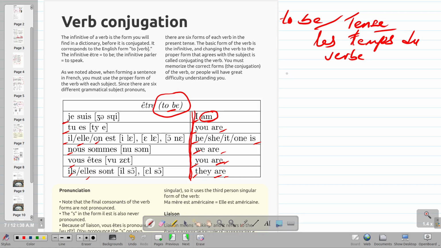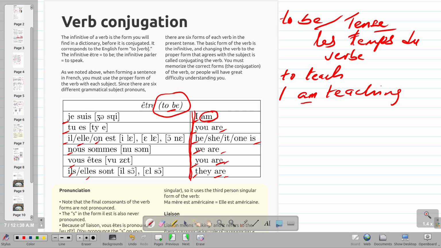Just time. Verb time. So what that means is that a verb can be used to express an action that is happening right now. Like if I use the verb to teach, I can conjugate it right now to say what I am doing. I can say I am teaching.